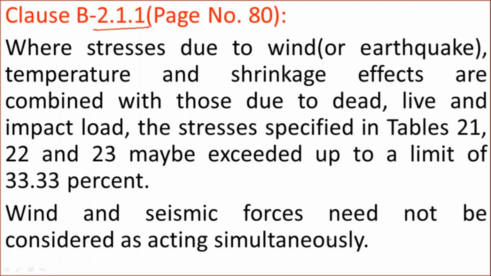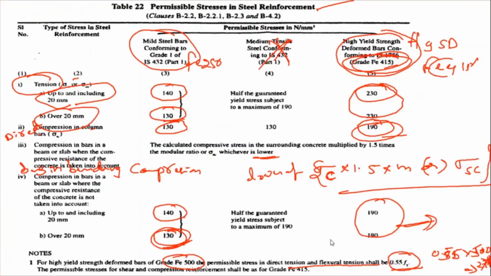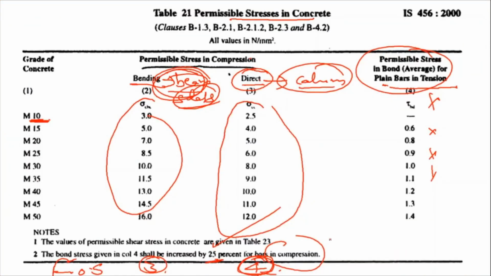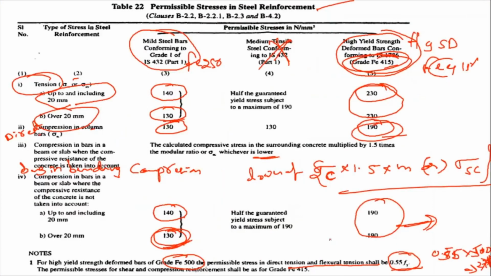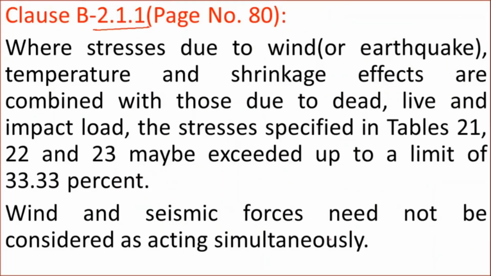So here we have to remember that the permissible stresses given here are applicable when you are considering only dead load, live load and impact load together. But beyond that, if you are using wind, temperature and shrinkage effects for the design of the structures, then the permissible stresses given here can be increased by 33.33%.